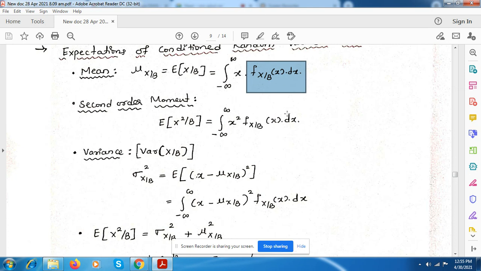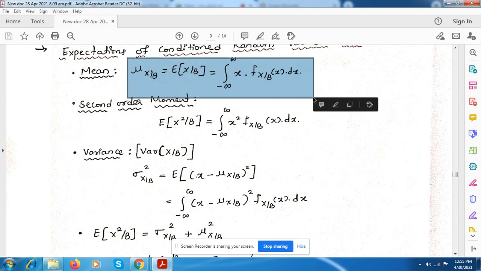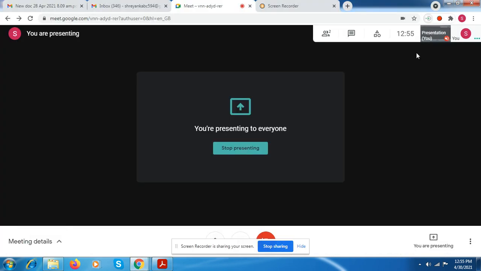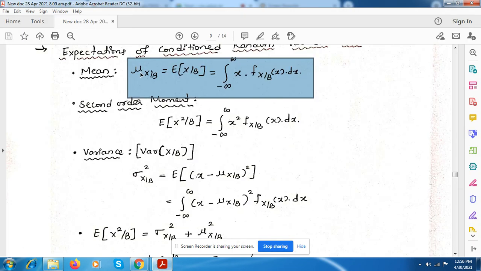So this is the conditioned mean value you have to note down, that is mu_X|B is equal to the expectation of X given B, is equal to the integration from minus infinity to plus infinity of x into f_X|B(x) dx.